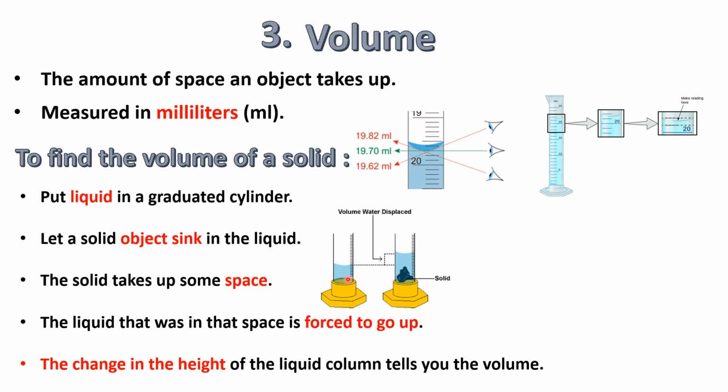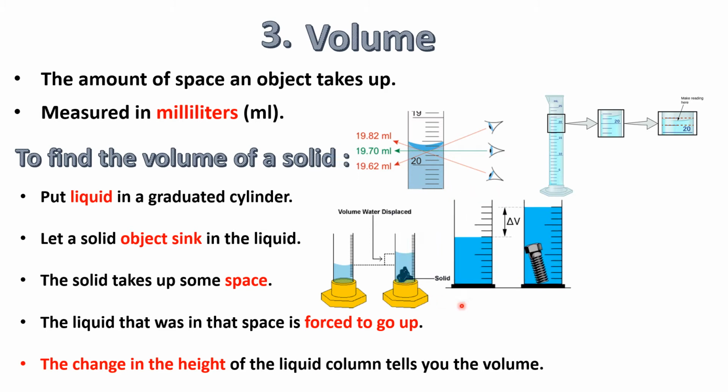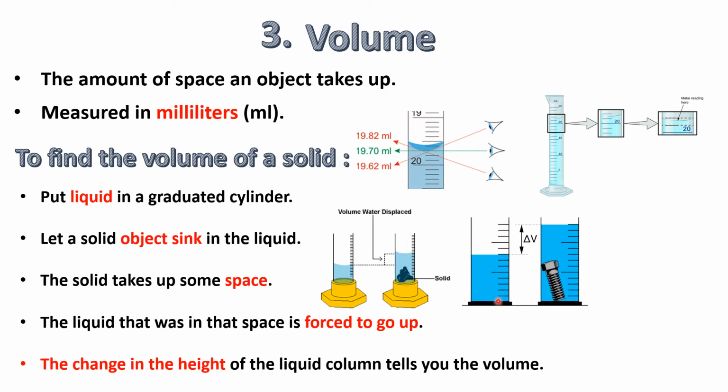Here the liquid, only the liquid. Here the liquid and the solid. There is a change in the height of the liquid column. This tells you the volume. Another example: this is liquid only. When a solid is placed in the liquid, the liquid is forced to go up, and the change in the height of the liquid column tells you the volume.